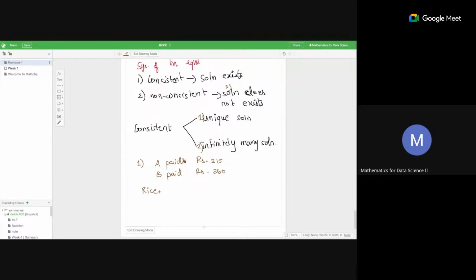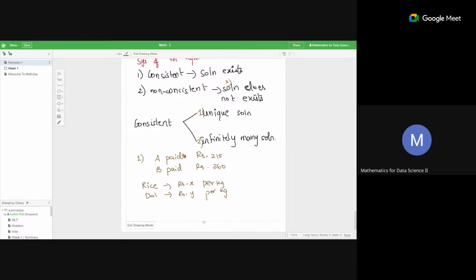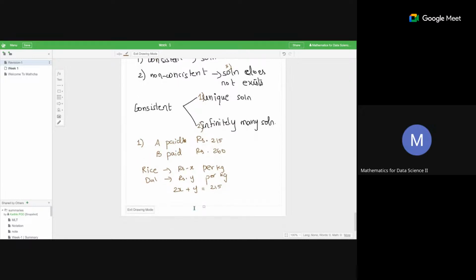You say the price of rice is rupees X per kg, and for dal, rupees Y per kg. Now suppose the equation for A is given like this. So what does this mean?